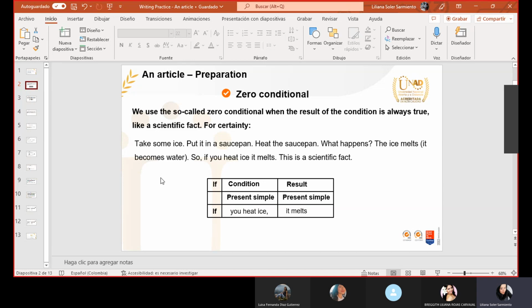Si calientas el hielo, pues se derrite, ¿no? Ese es un hecho científico. This is a scientific fact. The condition, you heat ice, the result, it melts. If you heat, si tú calientas hielo, pues se derrite. Always, this is always true. It's a scientific fact.